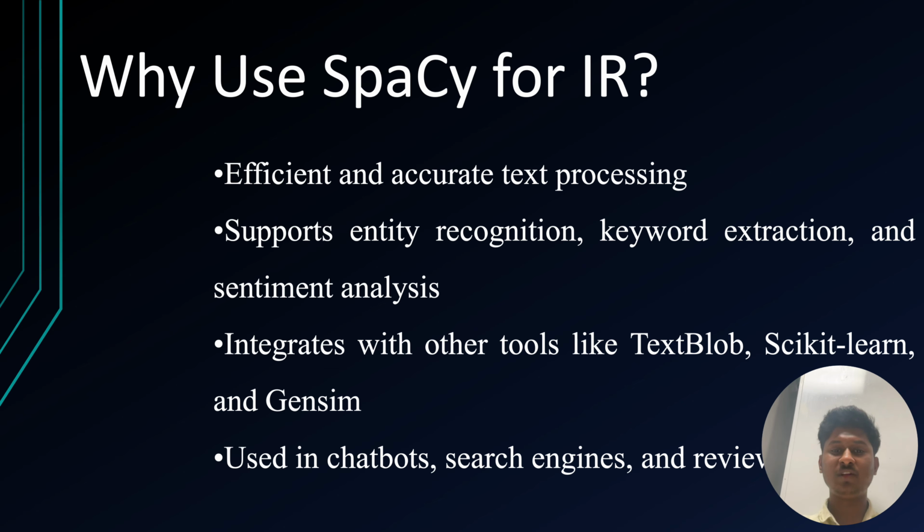For example, if a user searches best affordable phones with good battery, SpaCy can identify the key terms affordable and battery and retrieve better results. This combination of precision, speed, and flexibility is why I chose SpaCy as my IR tool for this project.